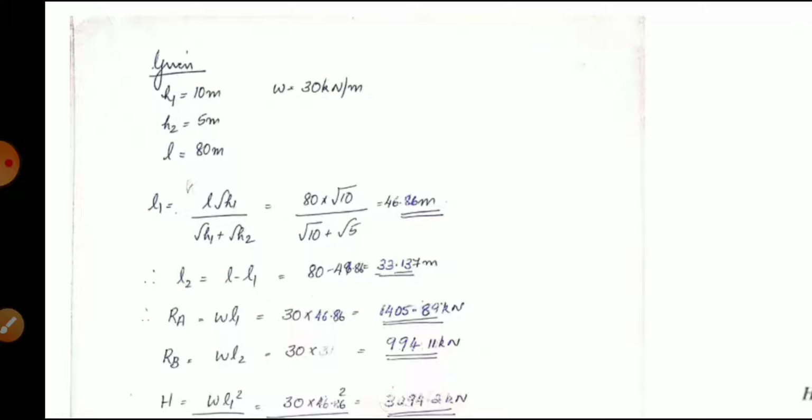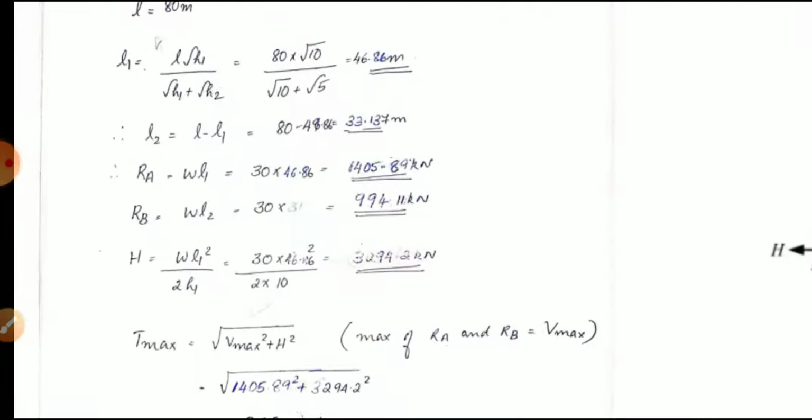So the distance to the right end will be L minus L1. So L2 equals L minus L1, or 80 minus 46.86, which is 33.137 meters. Substituting those values, find RA and RB. So we found the reactions at the supports.